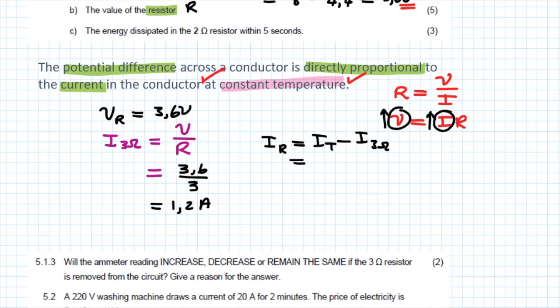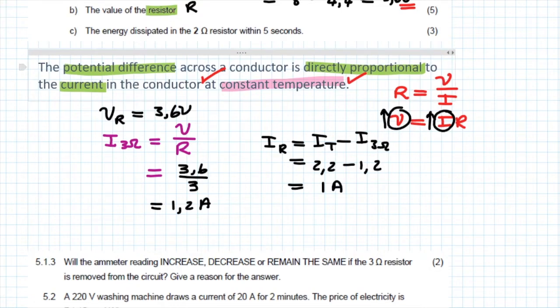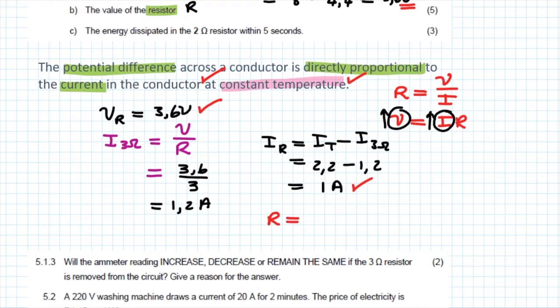That is going to equal 2,2 minus 1,2, which means the current is equal to 1 ampere. So now we know the potential difference across resistor R, and we know the current that flows through resistor R. We therefore say R is equal to V divided by I. That is equal to 3,6 divided by 1. And we therefore determine that the resistance of that resistor is equal to 3,6 ohms.